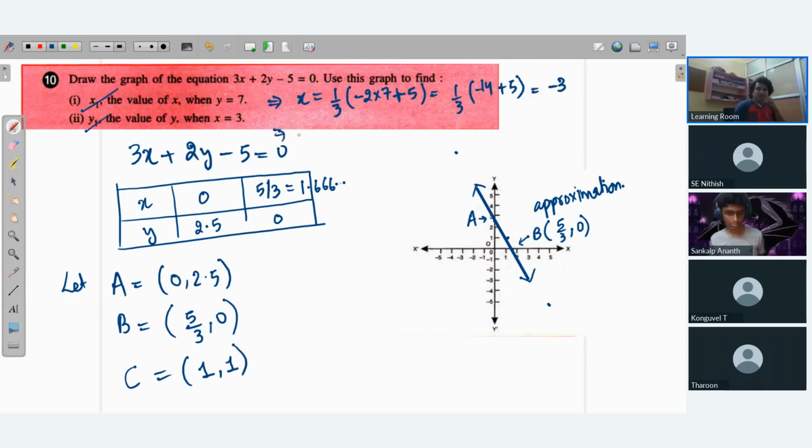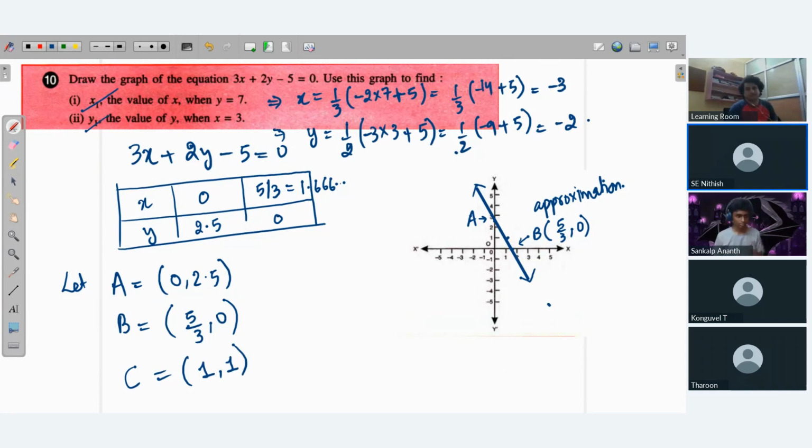Next one is y is equal to 1 by 2 of minus 3 into x plus 5, that is 1 by 2 of minus 9 plus 5, which is minus 4, so minus 2. Not minus 2, minus 2.